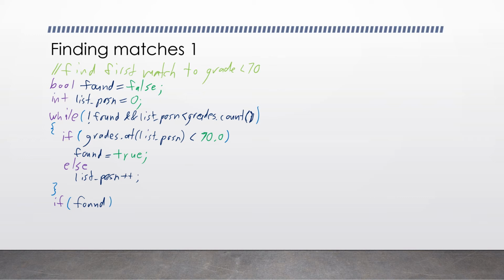If found, then we're going to cout student number list position is failing.